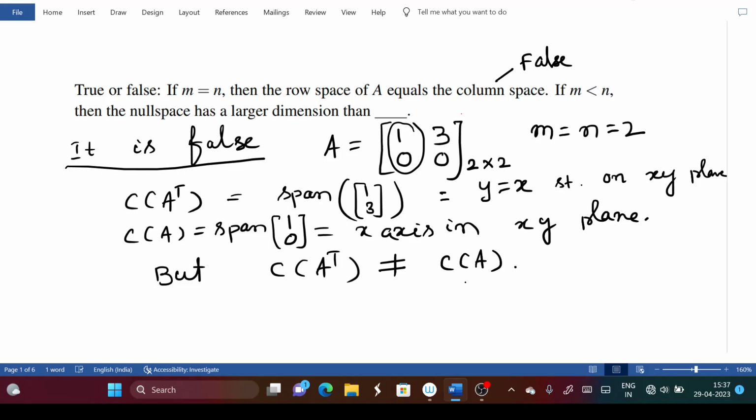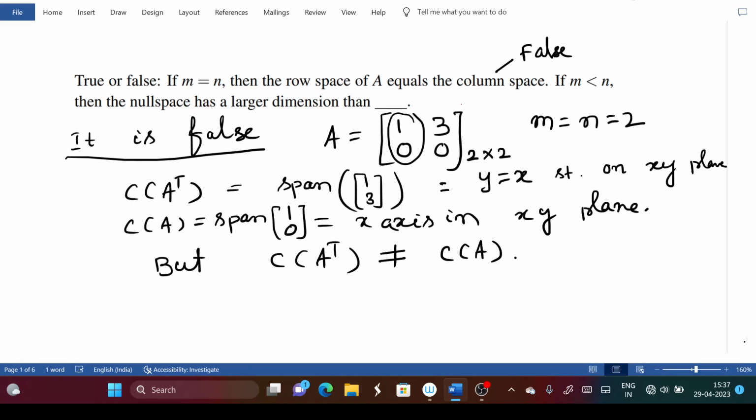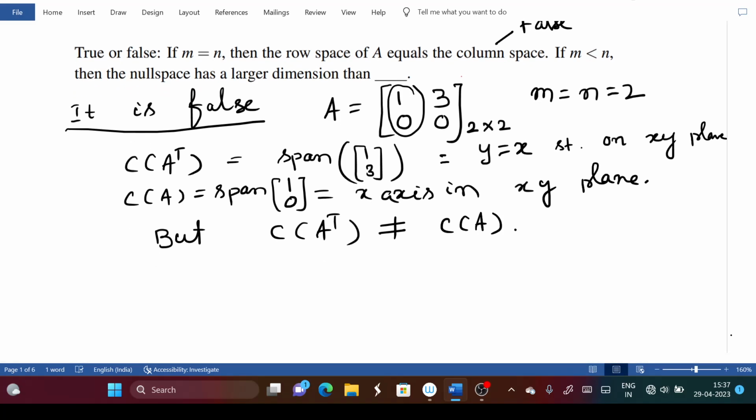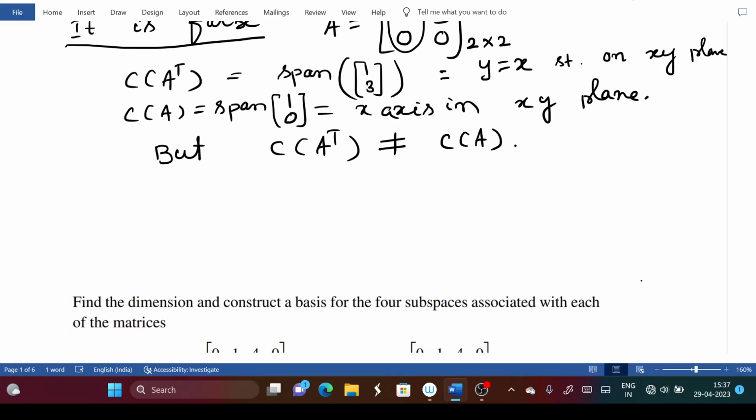Next question is, if M is less than N, then the null space has a larger dimension than, the answer is, the left null space. Let us discuss. Let us verify that.